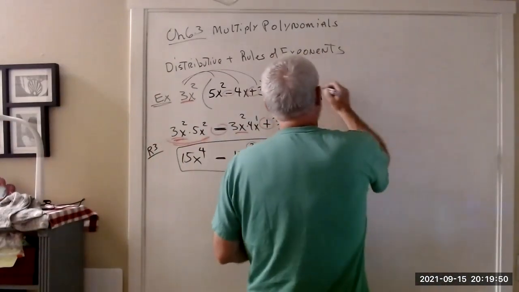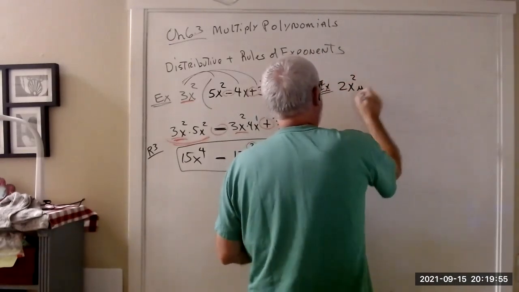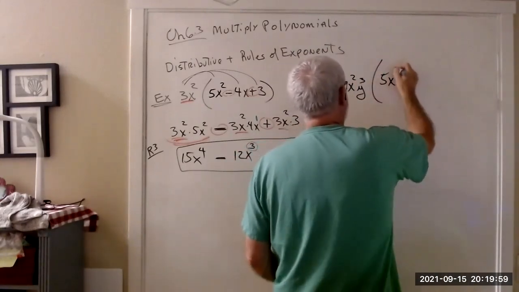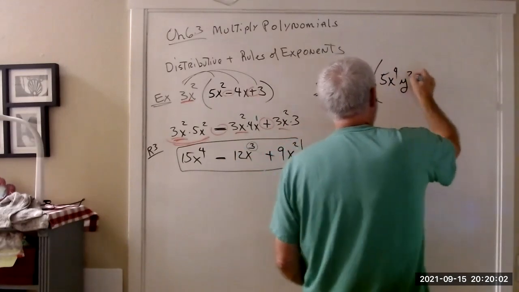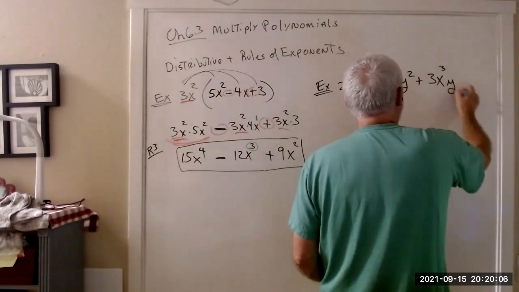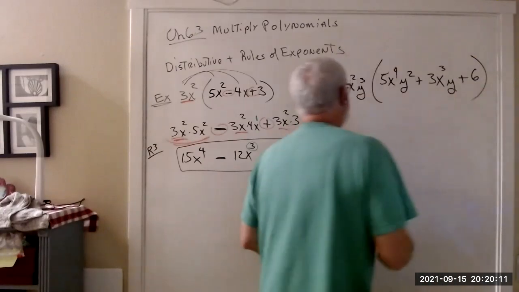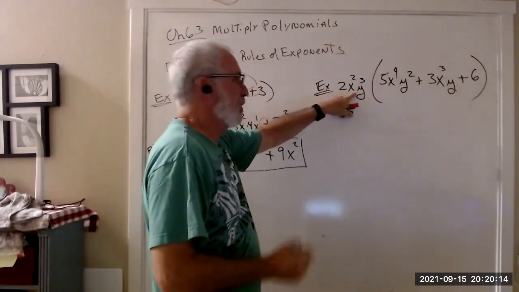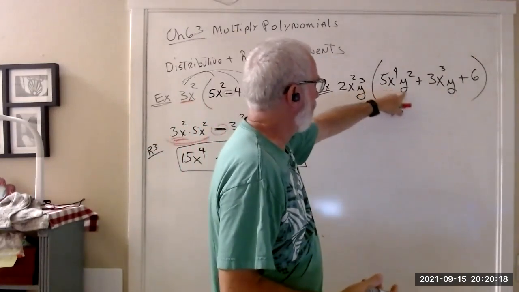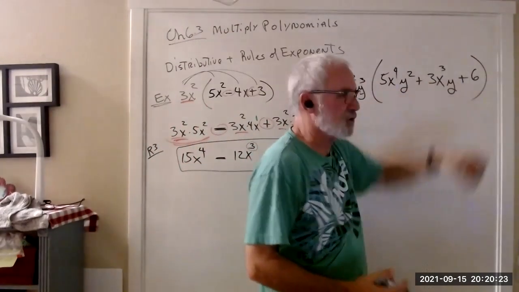Let's be a little bit weirder. 2x squared y to the third times the quantity 5x to the fourth y to the second plus 3x to the third y plus 6.